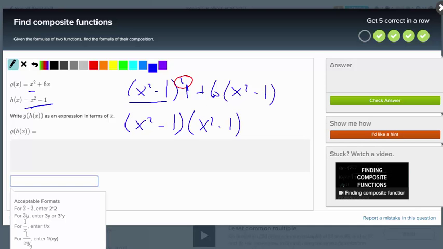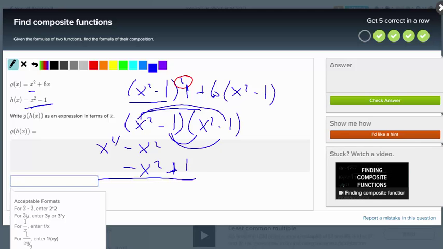So long way, x squared times x squared will be x to the 4th power. x squared times negative 1 will be negative x squared. Negative 1 times x squared will be negative x squared. Negative 1 times negative 1 will be positive 1. So when I simplify this, I will get x to the 4th power minus 2x squared plus 1.